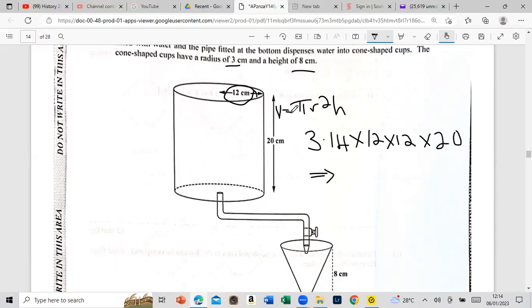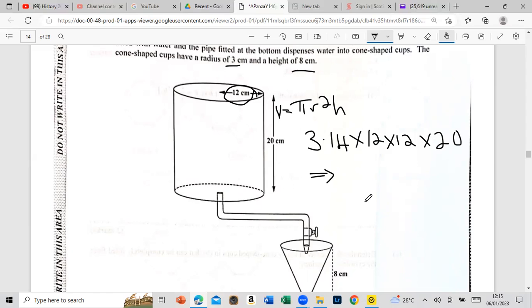All right, so it should be 3.14 times 12 squared times 20. So that works out to 9,043.2.